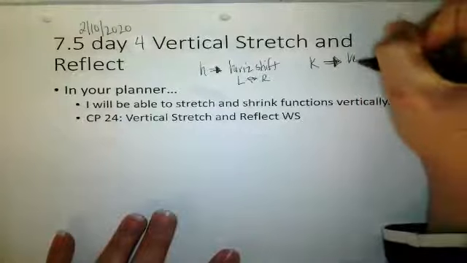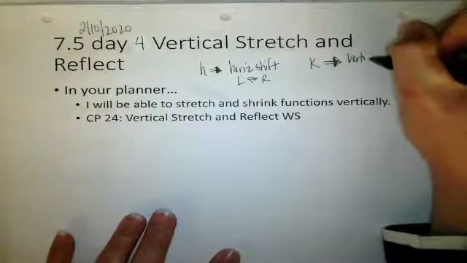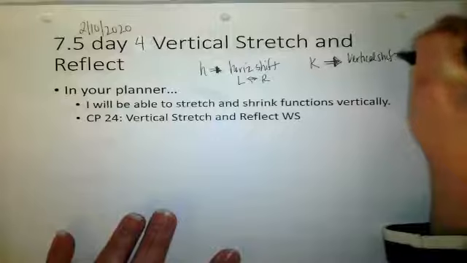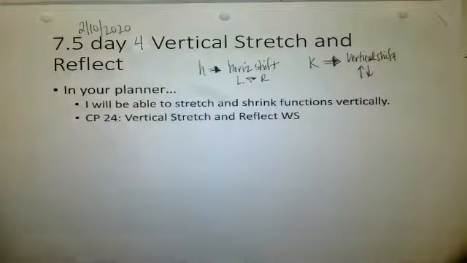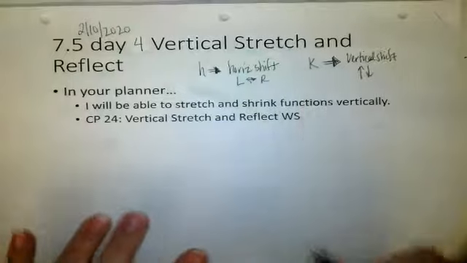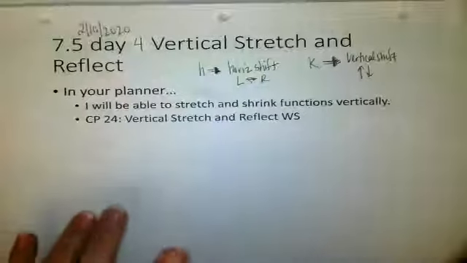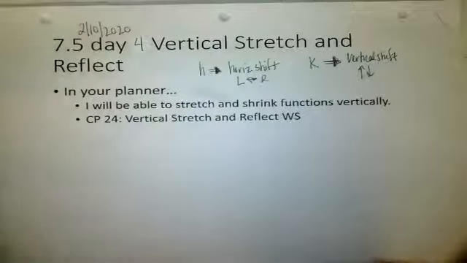That's the vertical shift. K is the vertical shift, and it goes up or down. So we had H's and K's all last week, and you guys did really well shifting things with H and K. And we're going to do that again today. But before we do any left and right, up or down shifting, we've got to worry about some other things.